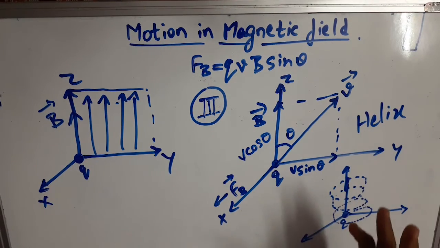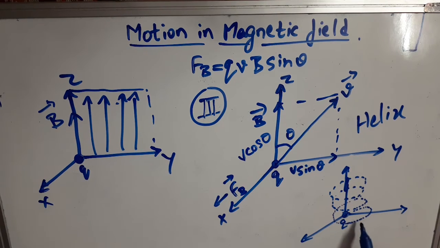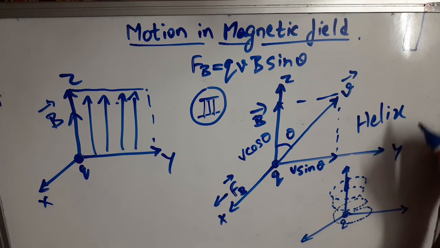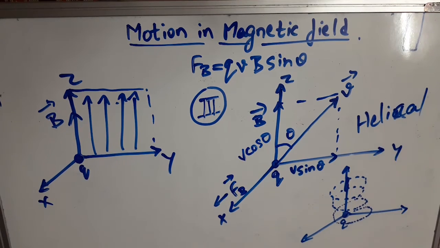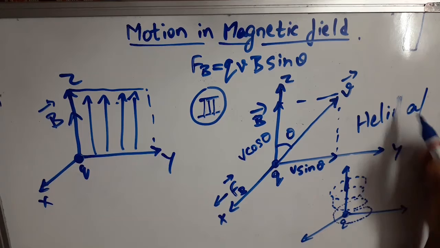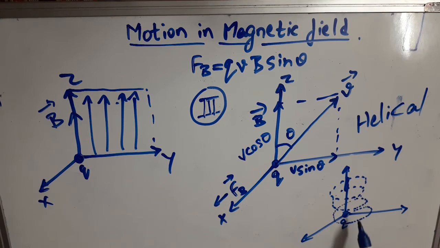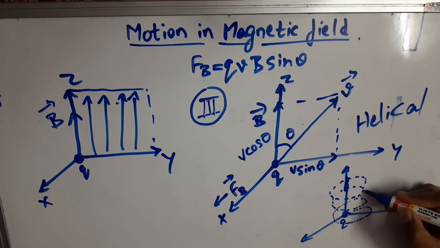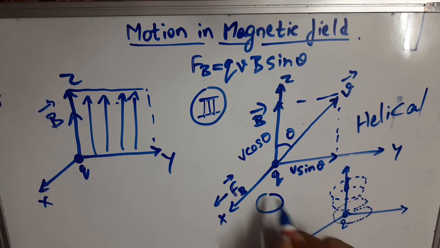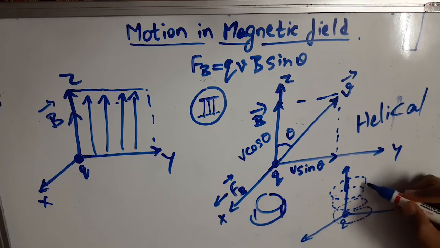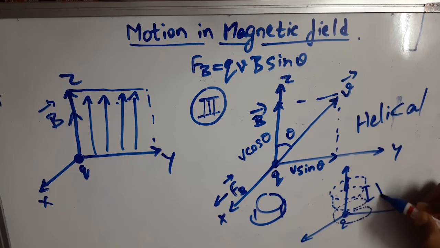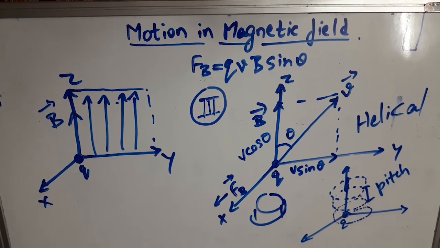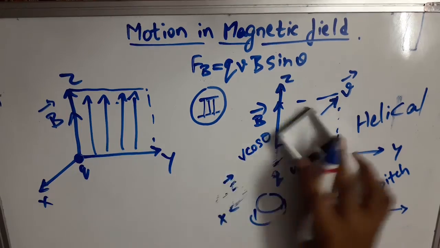It is a spring-like shape, and we say the particle describes a helical motion. The distance between these two rotations, this distance we call the pitch.